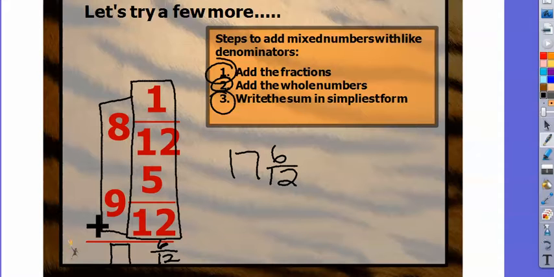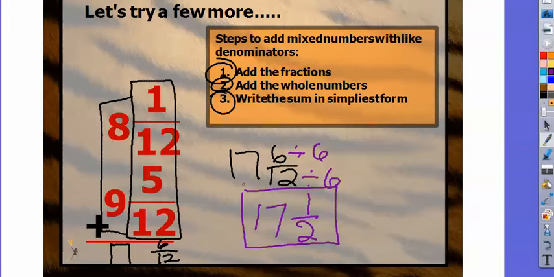But in this case, I can tell pretty quickly that 6 goes into 6 1 time, and 6 goes into 12 2 times. So this becomes 17, and 6 divided by 6 is 1, 12 divided by 6 is 2. So the correct answer is going to be 17 and 1/2.